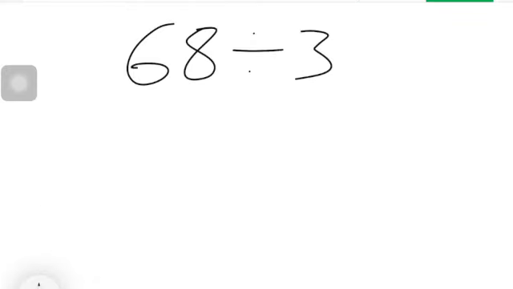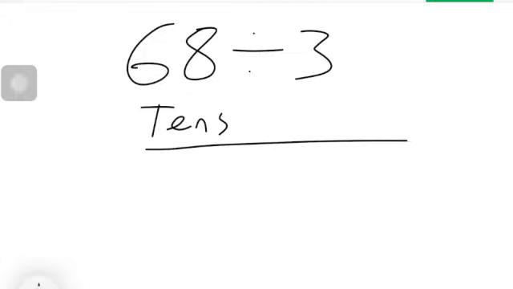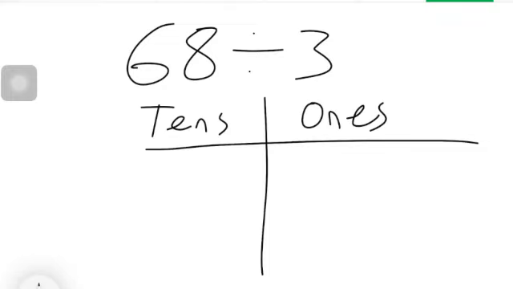And for our last example here, we have 68 divided by 3. Okay, so we have 6 10s, right? 1, 2, 3, 4, 5, 6. 8 1s. 1, 2, 3, 4, 5, 6, 7, 8.